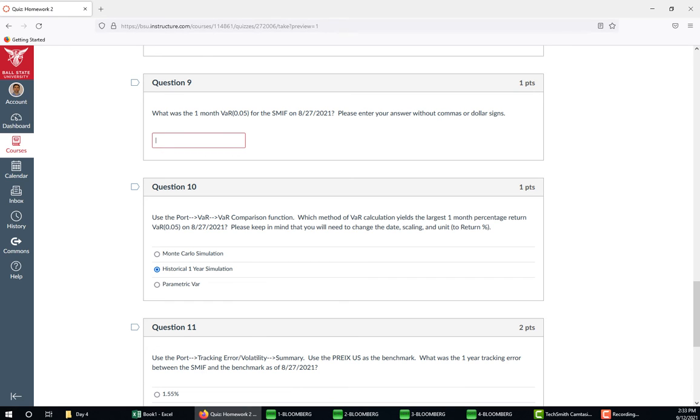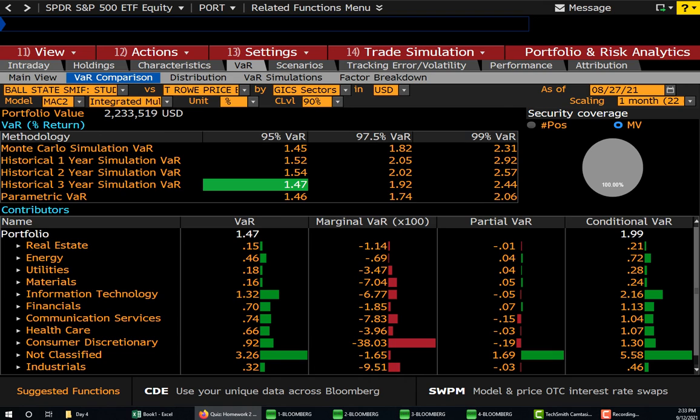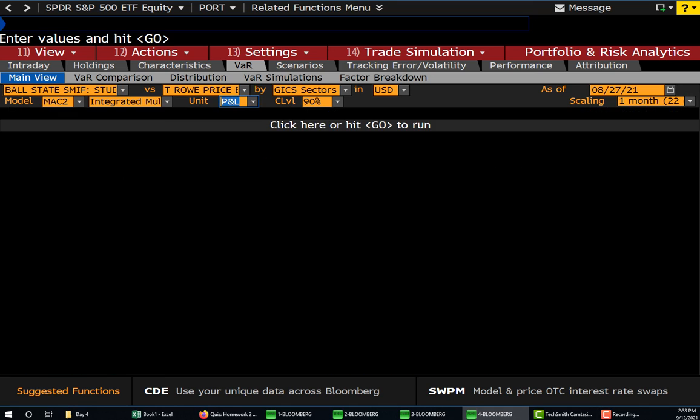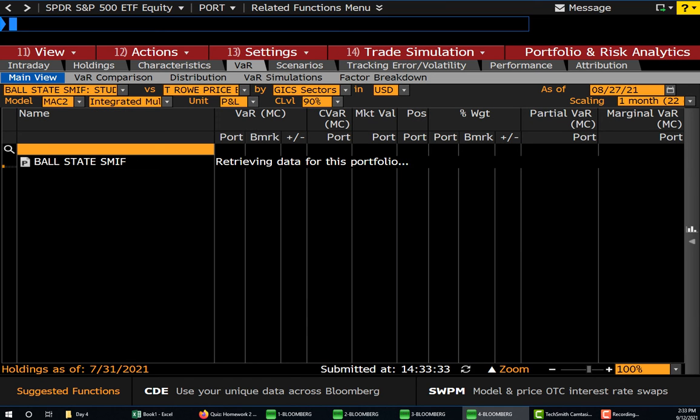Okay, next, what was the 1 month VAR of 0.05 for the Student Managed Investment Fund on that date? Well, to get that, what we can do is go back to the main view, and I believe we're looking for the profit and loss. So here, we'll change that to profit and loss, so this is just the dollar value.